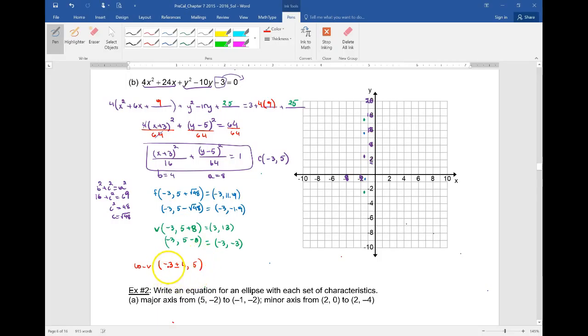So this is negative 3 plus 4, which is how much? 1 comma 5 and negative 7 comma 5. Okay? So finally my ellipse is vertical, and it looks like this.